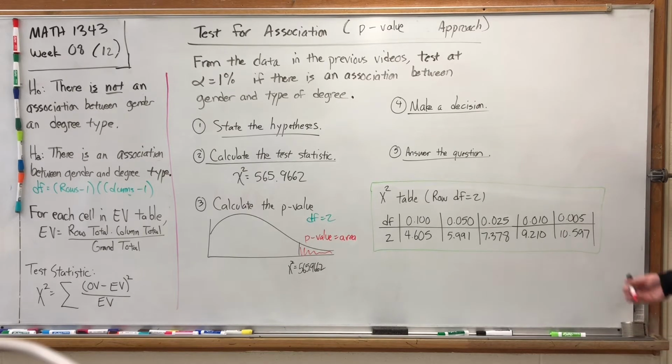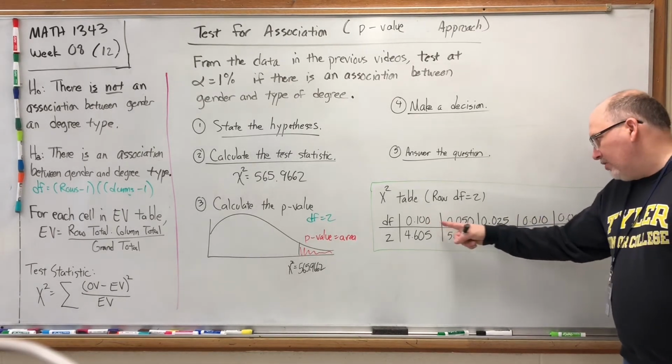So what does that mean about our p-value? Well, the chi-squared we're looking for would be way over here somewhere, 565.9662. This isn't between anything, it's off the chart, literally. So what does that mean about the p-value? That means that the p-value would be somewhere down here, but what's happening to these areas as we move left to right?